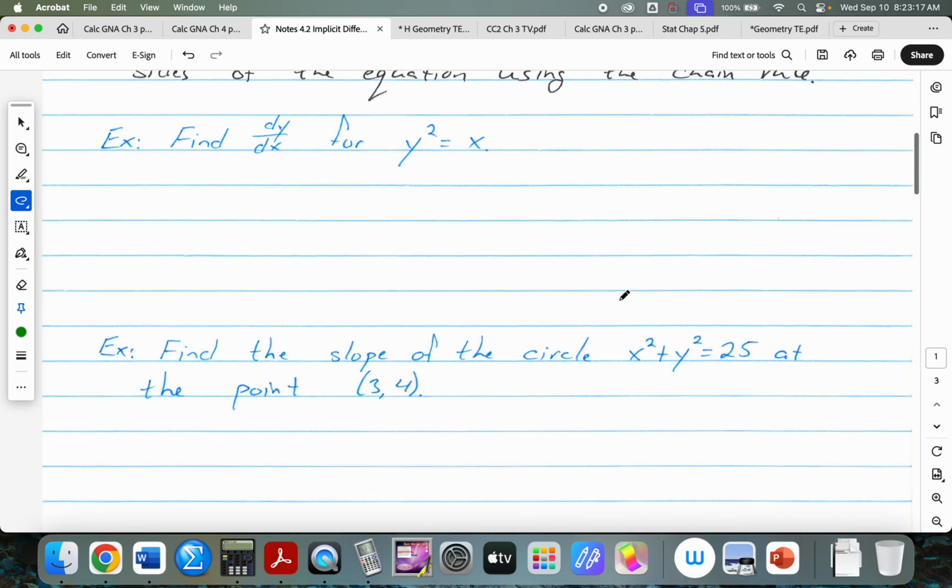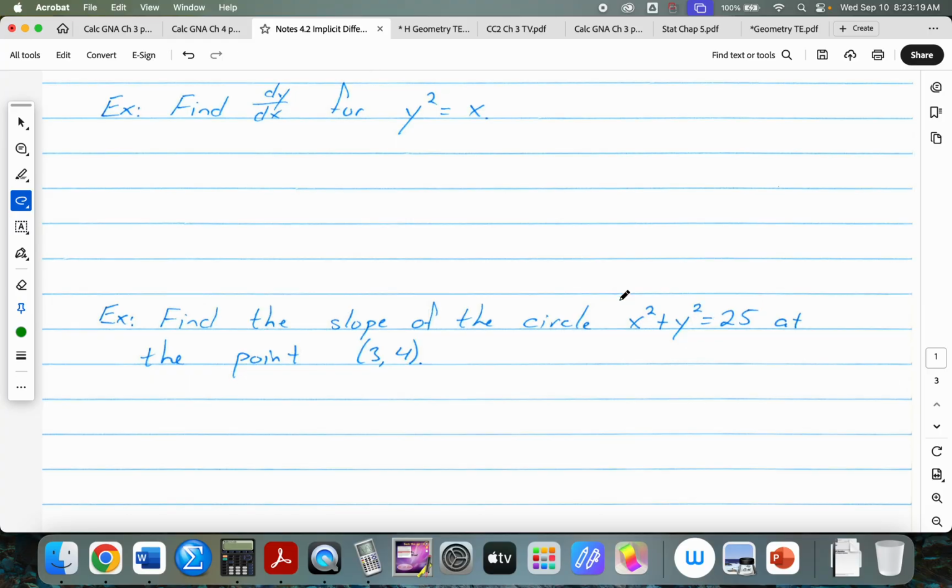So let's take a look at this one. If we have the relation y squared is equal to x, yes, you could solve this by saying y is equal to plus or minus the square root of x, but now you've got two different functions you're having to deal with.